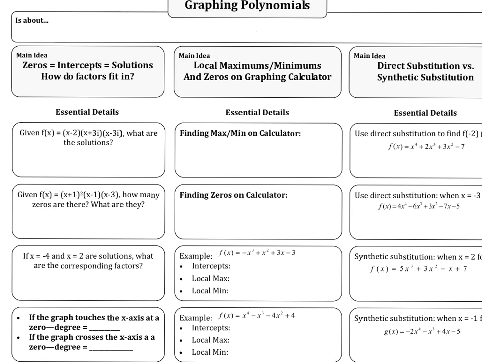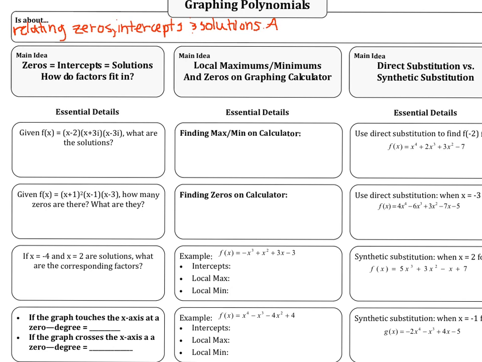This frame is about relating zeros, intercepts, and solutions. So that's the first column.